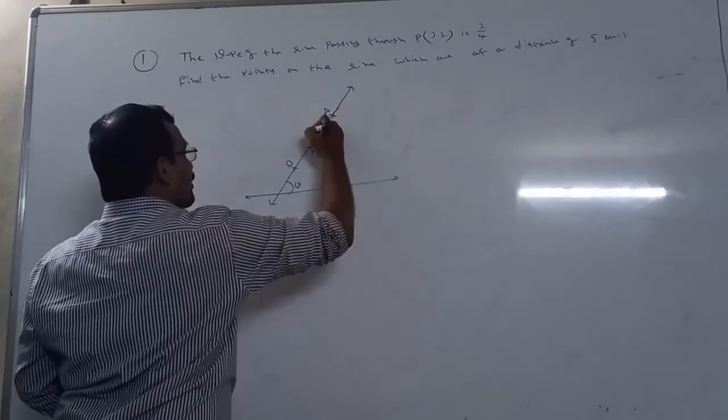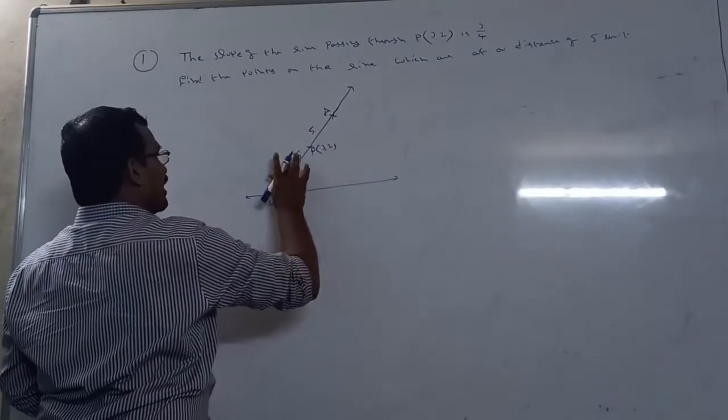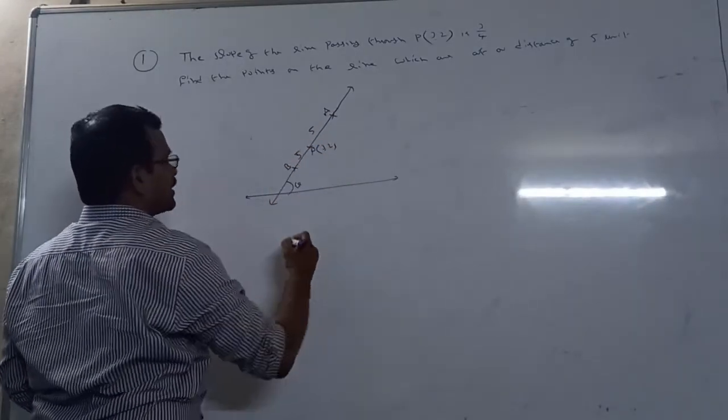So see the question, they have given a slope. For example, this is our line. Here this line is passing through (3, 2). This is the x-axis. Suppose this is theta. They are asking for 2 points on the line, capital A and capital B. They have given r value as 5 units.